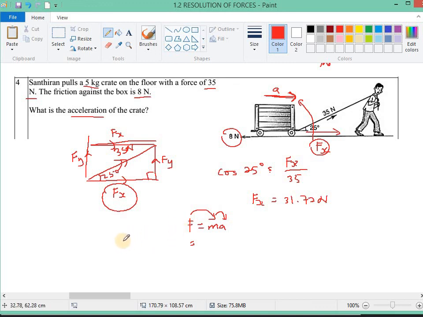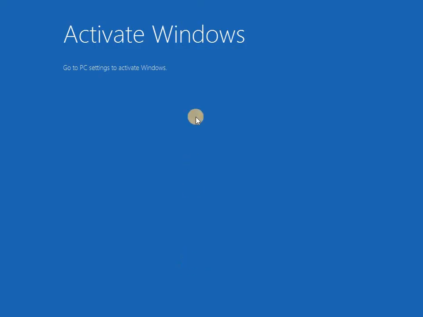So here it will be 31.72 plus the friction, -8, equals the mass, which is 5 kilogram, times the acceleration, which is the one that we want to find.